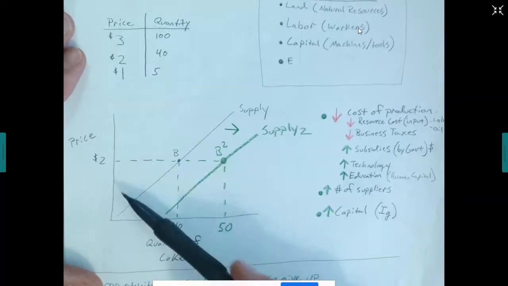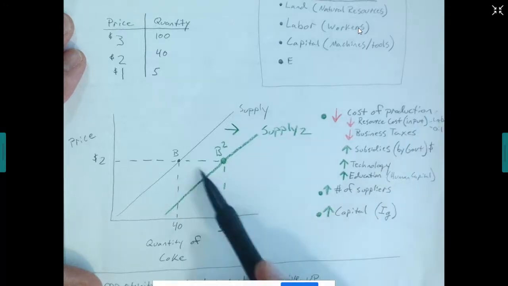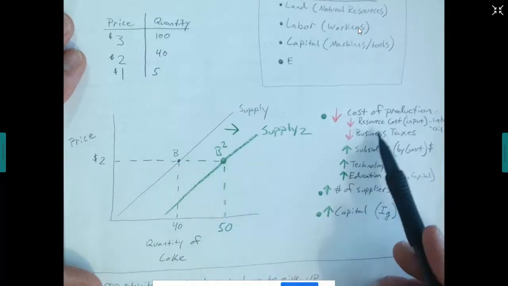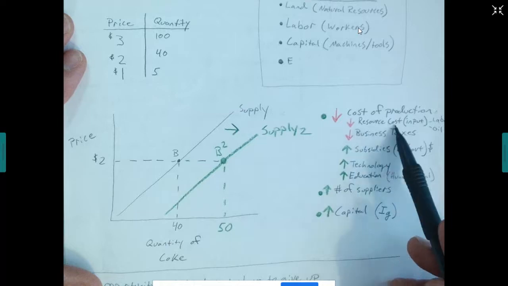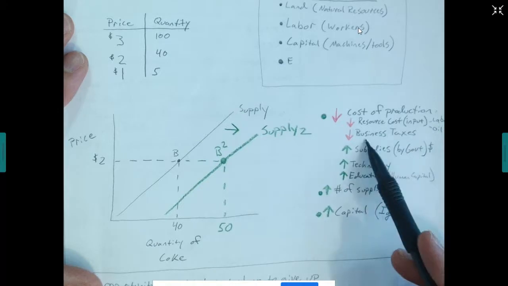A decrease would be a leftward shift. If the cost of production were to drop and it was now cheaper to manufacture, businesses would produce more of the item. Ways that the cost of production could go down is if resource costs were to drop, for example, input costs such as the cost of labor, oil, or natural resources.